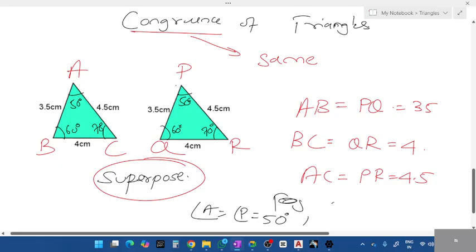I taught you all how to write the angles. You can write it like this, or you can even write angle BAC is equal to angle QPR, 50 degrees. In the same way, angle B is equal to angle Q, angle C is equal to angle R. This is the meaning of congruence. Basically, it should be same, students. For example, your textbook pages.